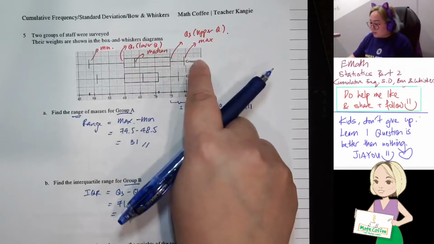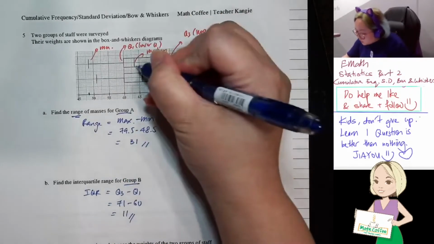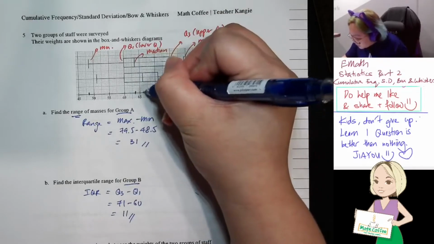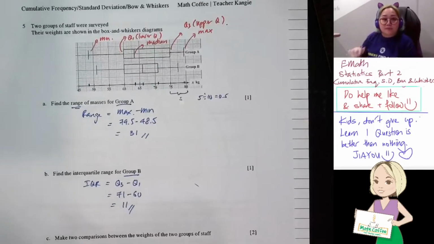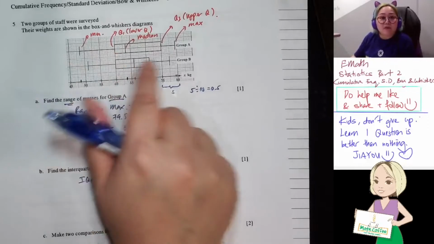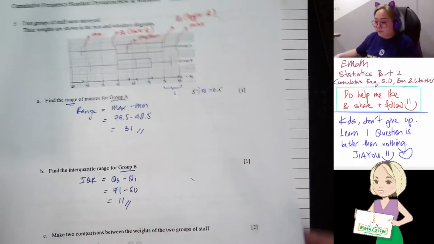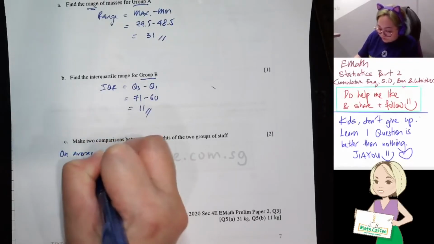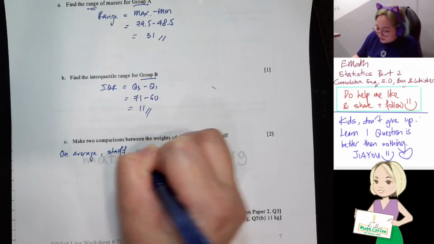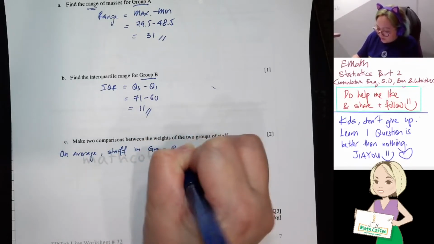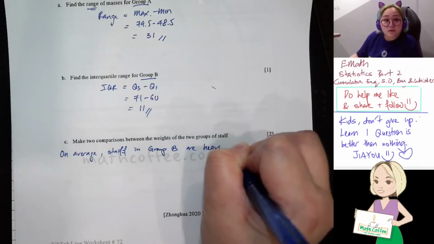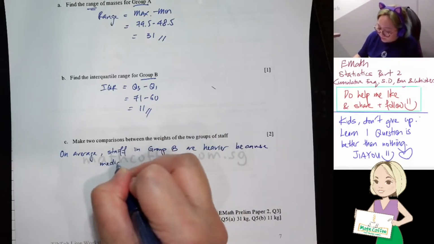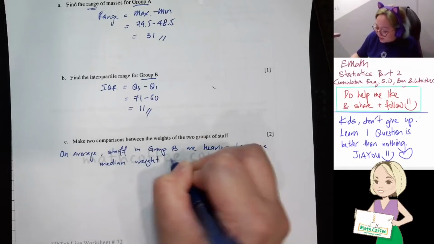See here, the median of group A is over here, and the median of group B is here. But I'm not going to find the actual median. We can already see that the median for group B is higher than group A, agree? So you simply say, on average, the staff in group B are heavier because the median weight is higher, or larger, also can.